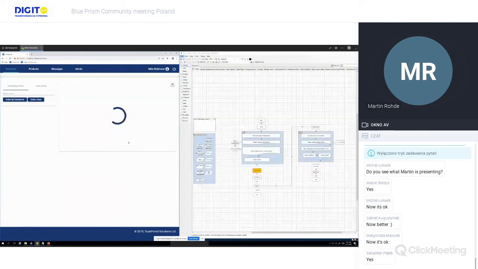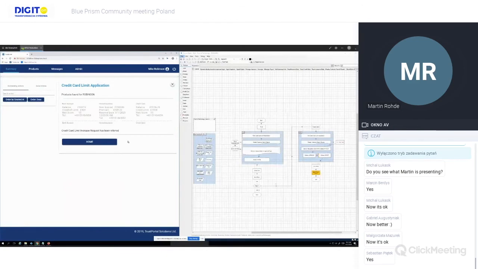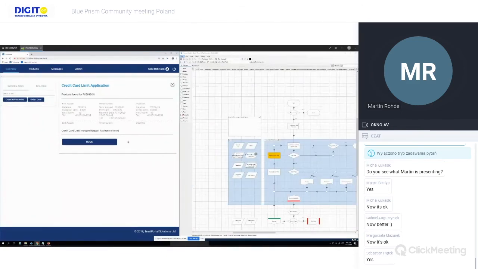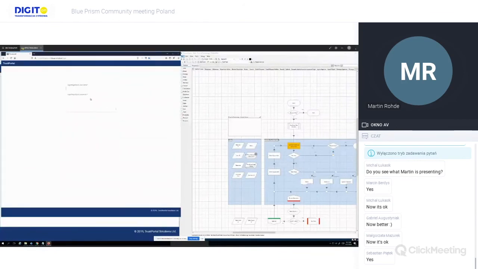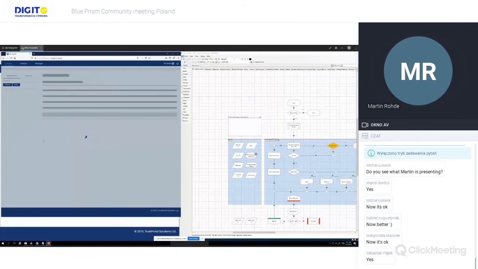This is a use case that they have several times, and we see it in so many other use cases also. Now I switch to the different user. As I mentioned, we have, of course, role-based systems, and I want to use the approver now. And the approver now gets this request.